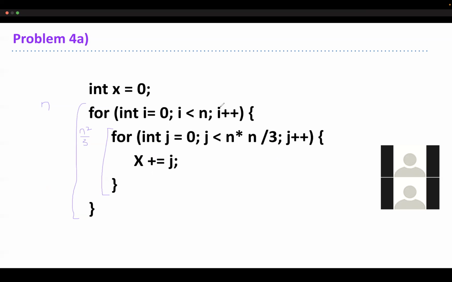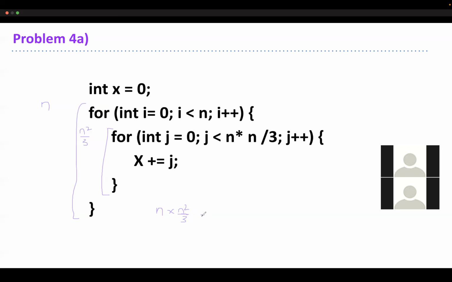All right, I'm seeing an n cubed. All right, seeing another n cubed. And you will both be correct. This is going to be n cubed. And why is it n cubed? Because the outer for loop runs n times, and the work we do inside the outer for loop is n squared divided by 3.